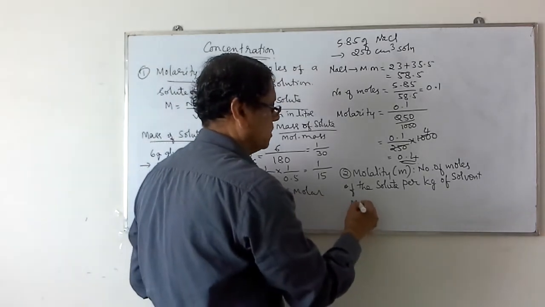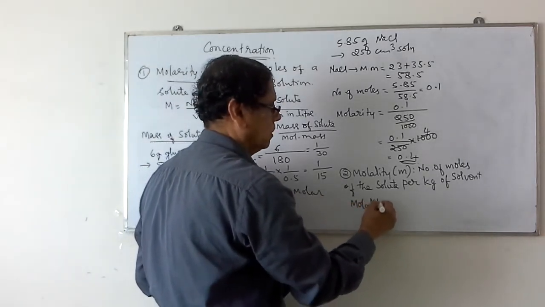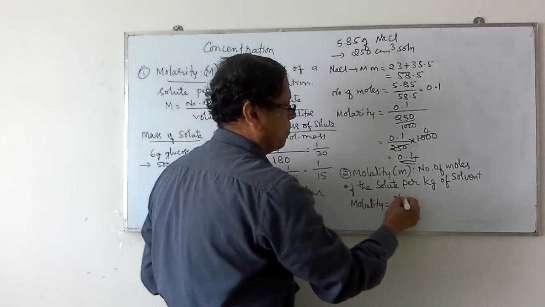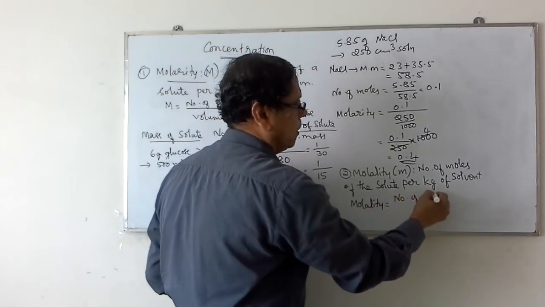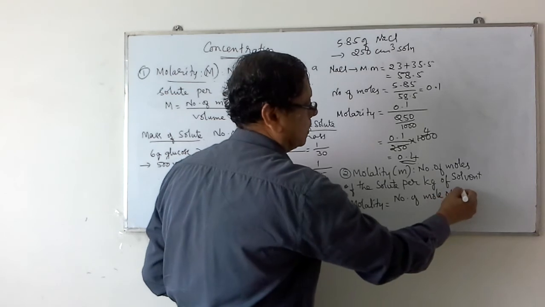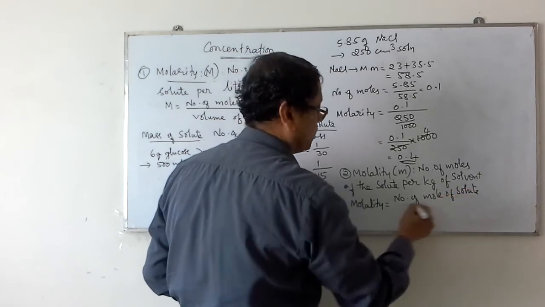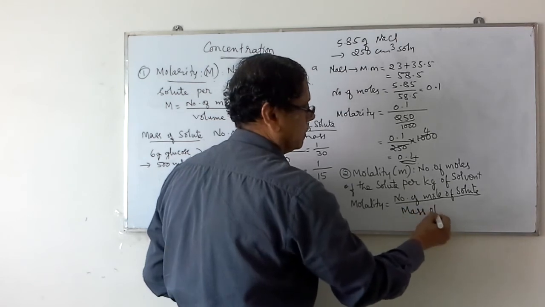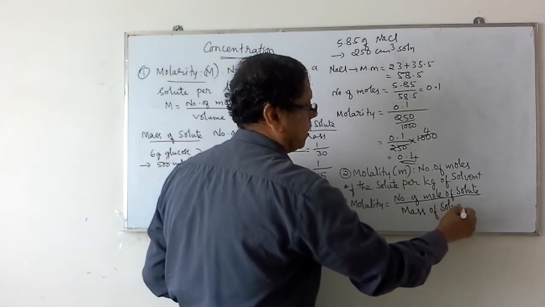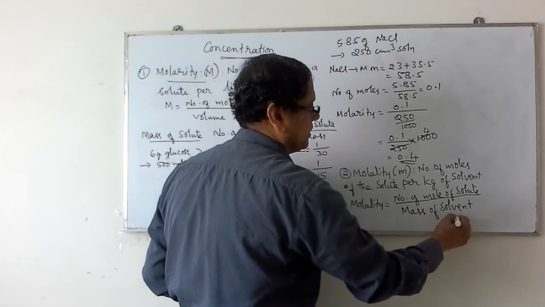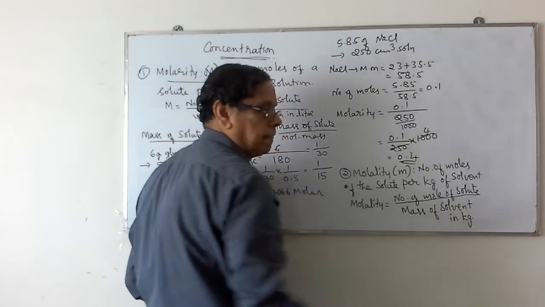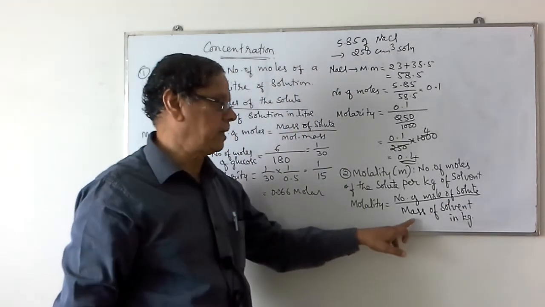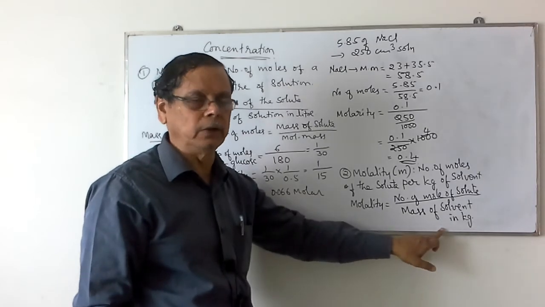So we can write molality is equal to the number of moles of solute divided by the mass of solvent expressed in kg, kilograms. If you are given mass in grams, convert that to kilograms.